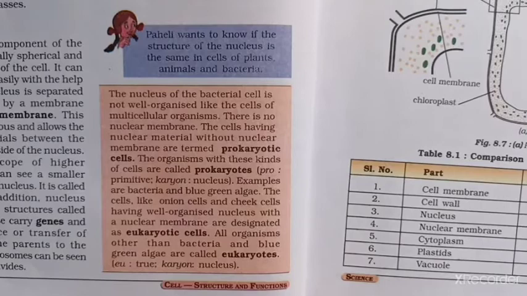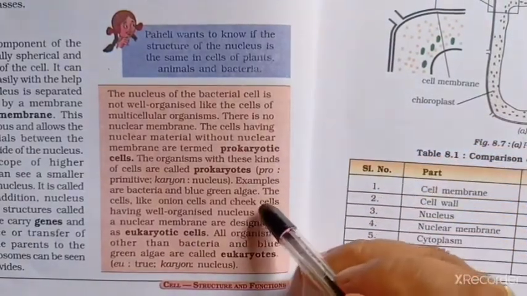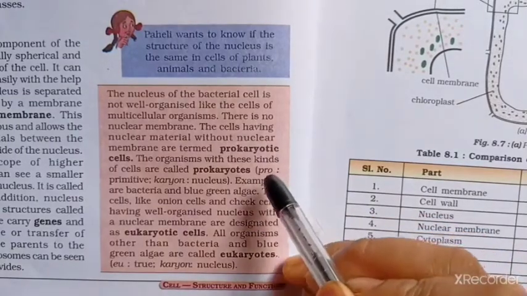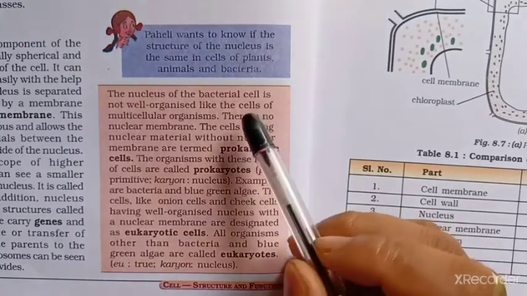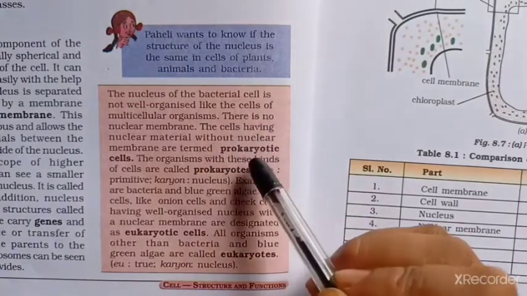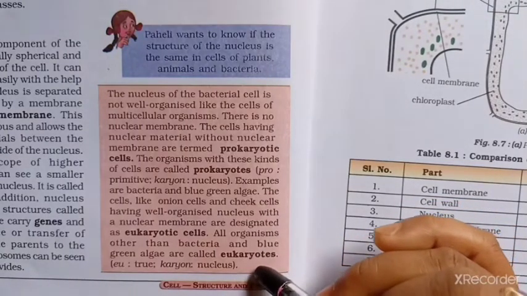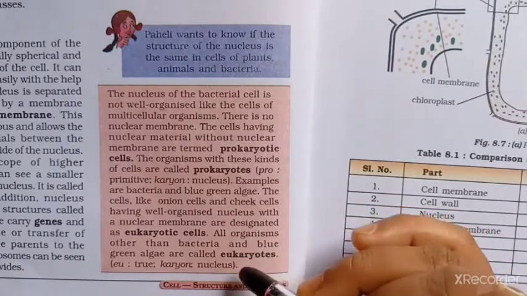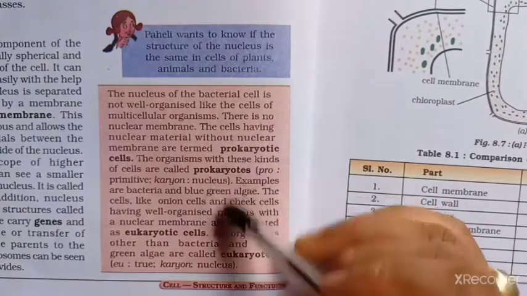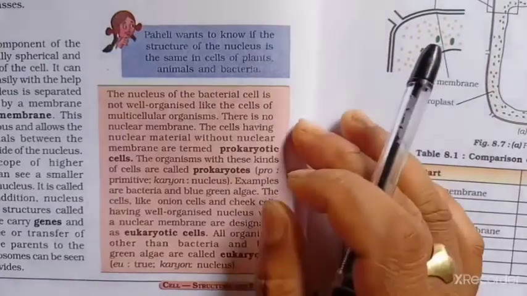So in prokaryotic cells there is no true nucleus; the nucleus is not separated from the cytoplasm by a nuclear membrane. Whereas in eukaryotic cells, a true nucleus is present and the nuclear membrane separates it from the cytoplasm. These are the differences between prokaryotic and eukaryotic cells. Now let's continue.